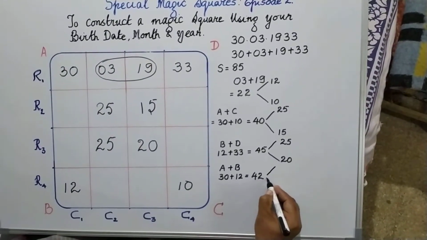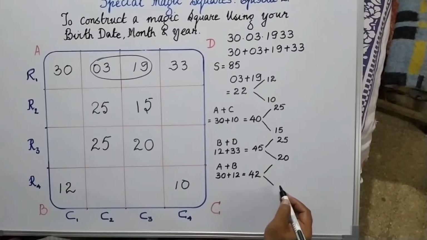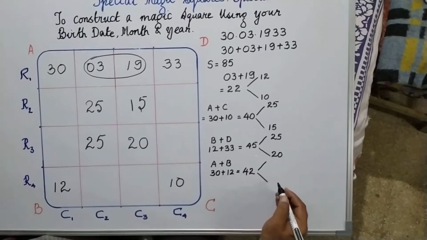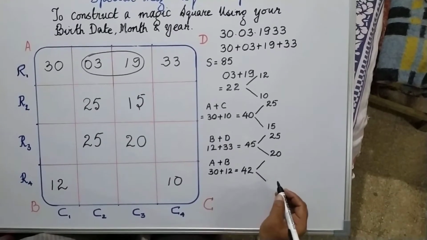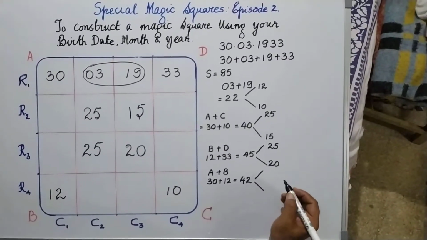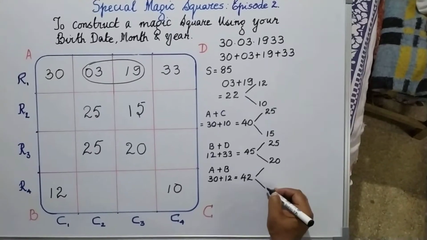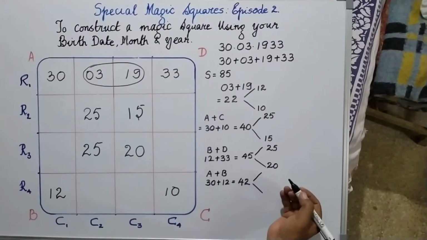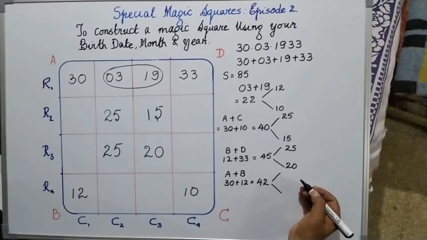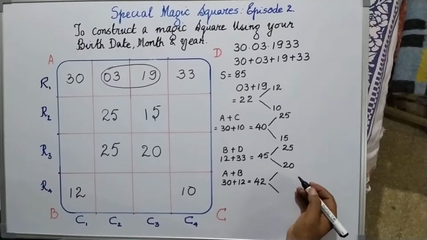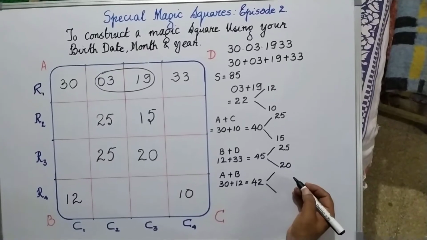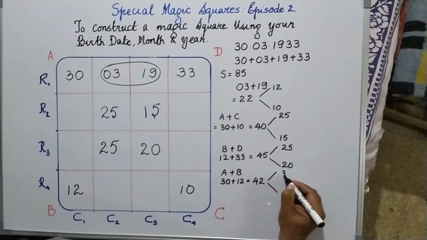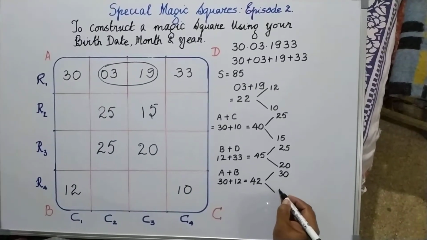I'll split 42 again into two parts. What you want to choose, you can choose. So A and B, if I add, I'll get 42. And that 42 I have split as 30 and 12.